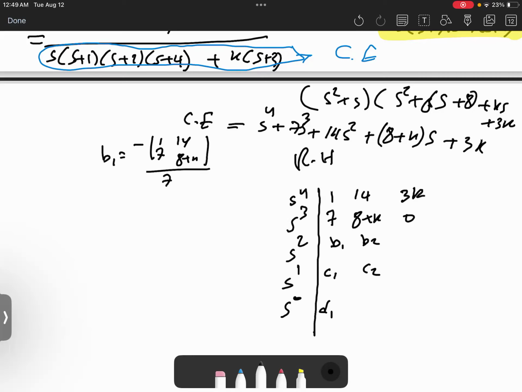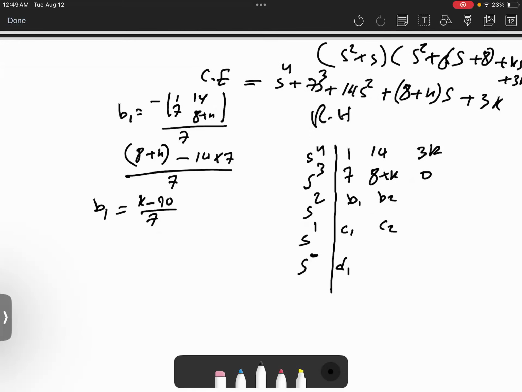So it will be 8 plus k minus 14 times 7, divided by 7. So 14 times 7 will be 98. Then 8 minus 98 will be 90. So it will be k minus 90 divided by 7. This is the value of B1.